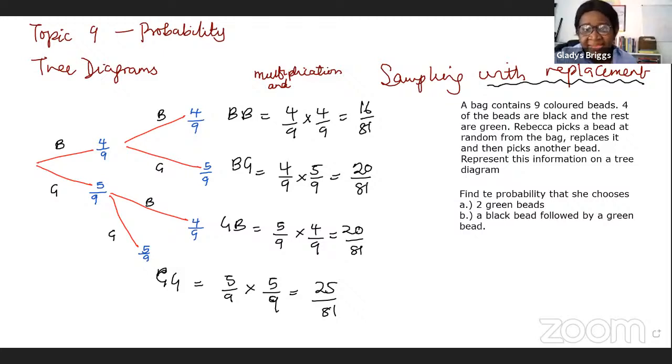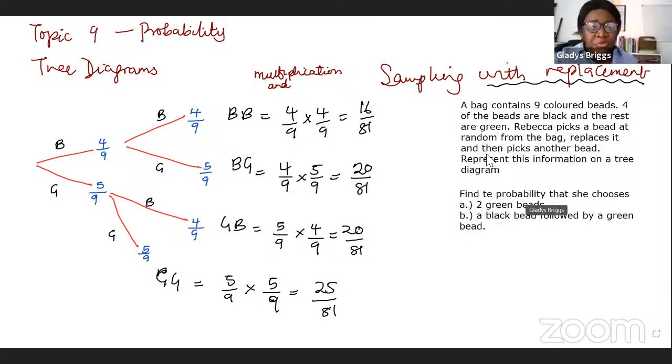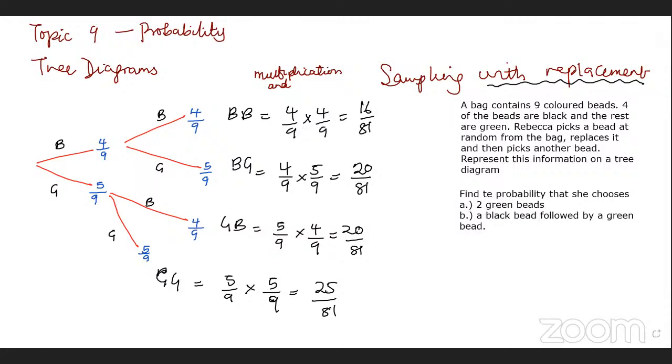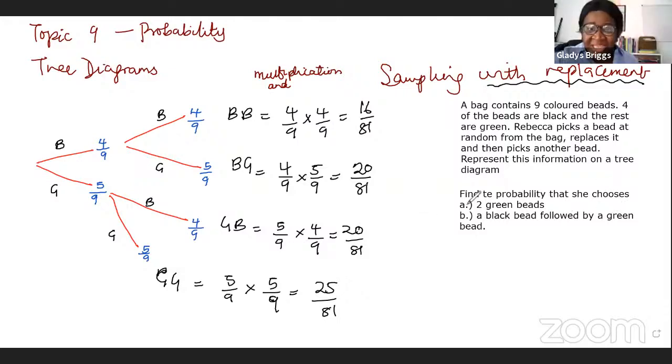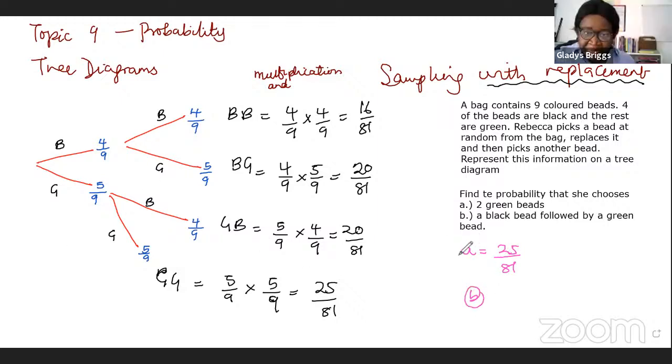Okay, so how do you find out the answers? You have drawn your tree. So the probability of 2 greens is what now? 25 over 81. Good. I hope the rest of the class is following. So A equals 25 over 81. How about B? A black bead followed by a green bead. 20 over 81. Well done, guys.